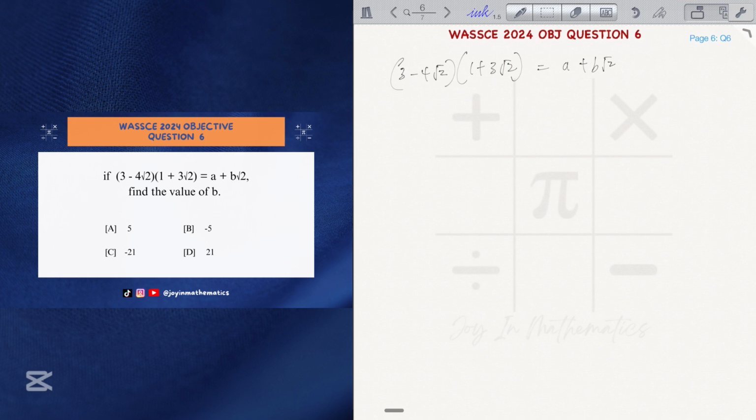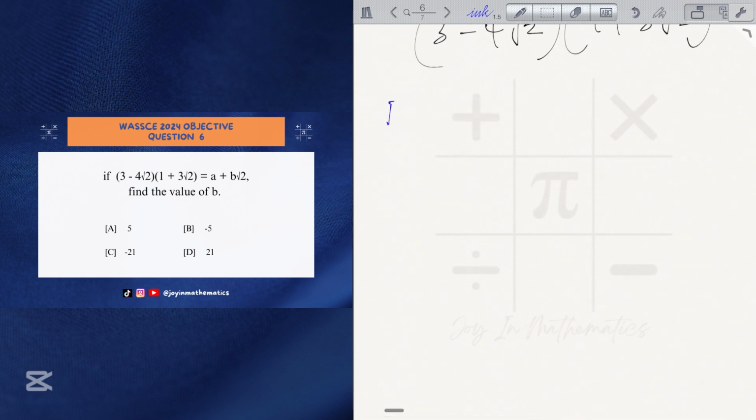The rule of surds is quite simple. That's root of a multiplied by b is equal to root a multiplied by root b. Similarly, root of a divided by b is equal to root a divided by root b.